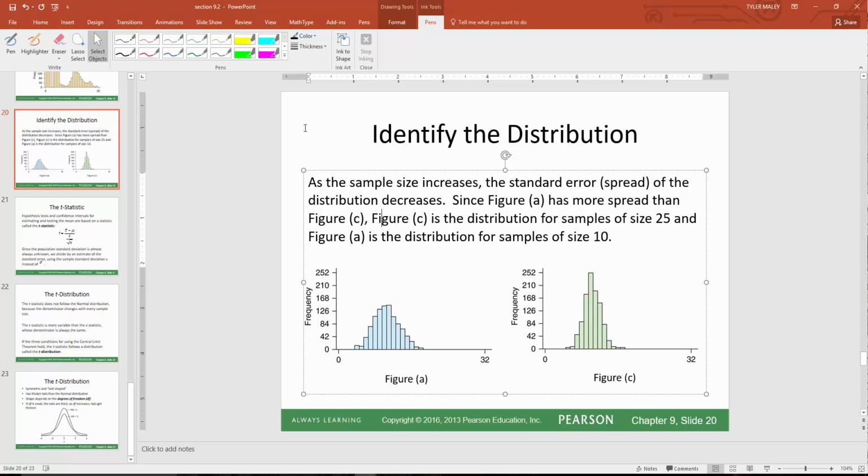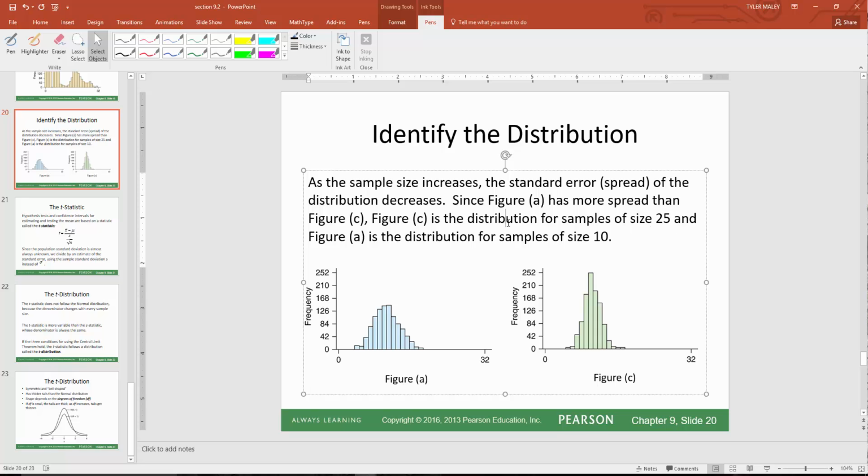Excuse me. No, this is right. Figure C would go with a sample size of 25. There's less spread in this. Figure A has more spread, so we would expect a lower sample size than this picture.